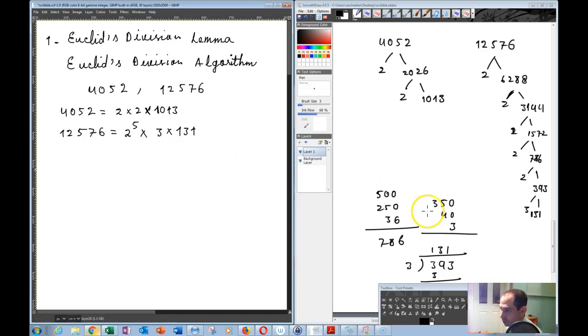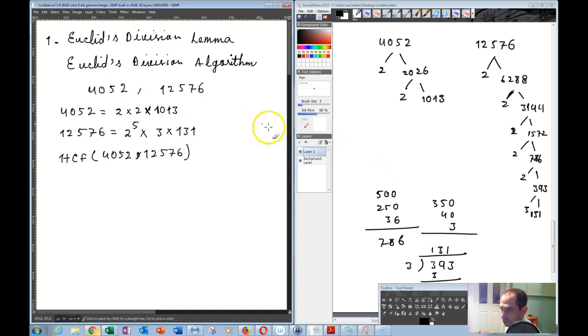And then in order to find the HCF of these two numbers, 4052 and 12,576, you need to find the highest common factors.